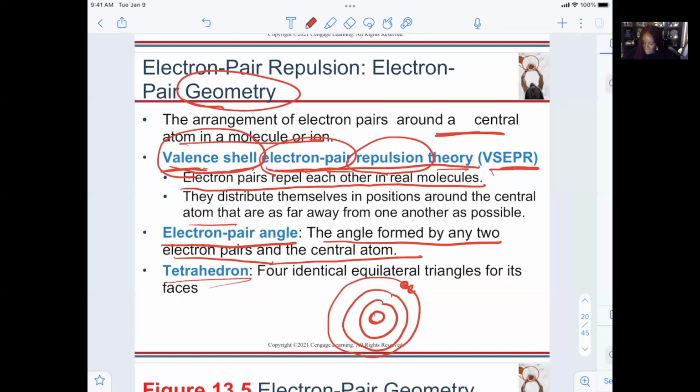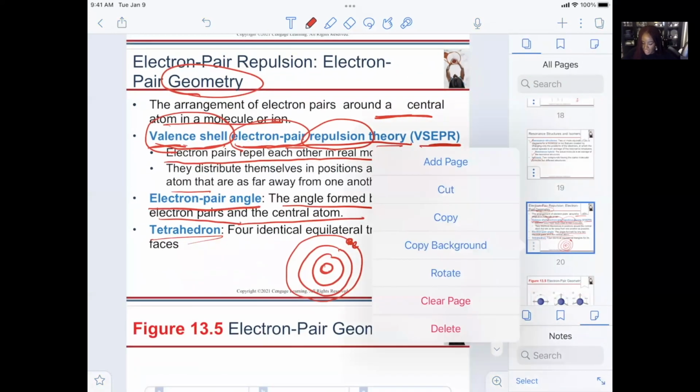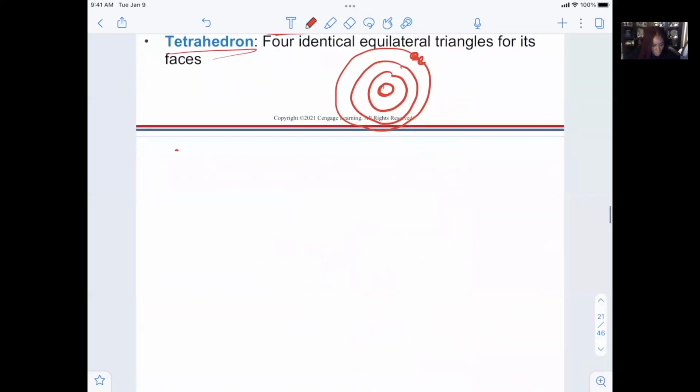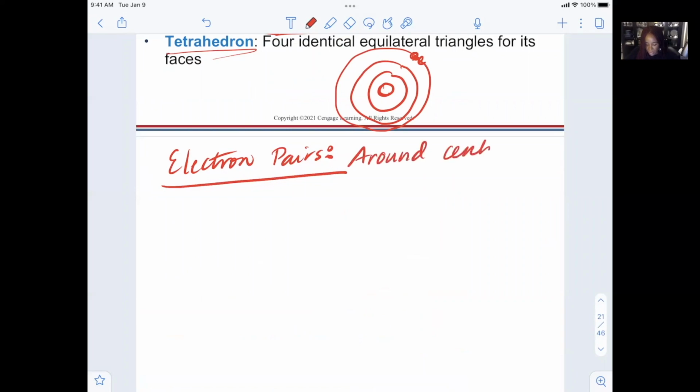So what I want to do right now is detour a little bit and talk about what these electron pairs are. Okay, when we talk about electron pairs, we are talking about the following, okay? And remember, these are around the central atom. So, okay, as I'm saying stuff, I'm thinking about what I'm saying. I'm kind of criticizing what I'm saying.